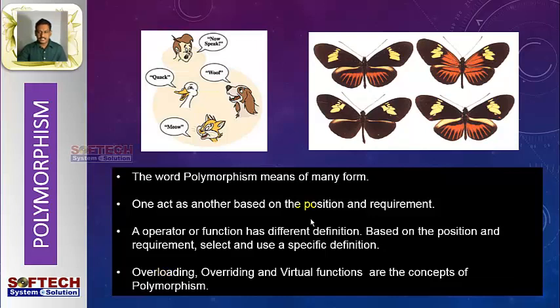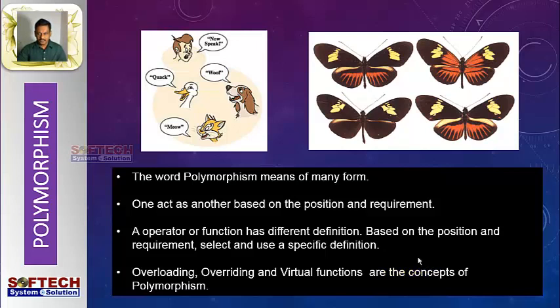But it differs by some properties, that is, the number of data or type of data, like the designs of the butterfly. So based on that property, that is, based on the type of data, it selects the definition. This is overriding. Overloading, overriding and virtual functions are the concepts of polymorphism.